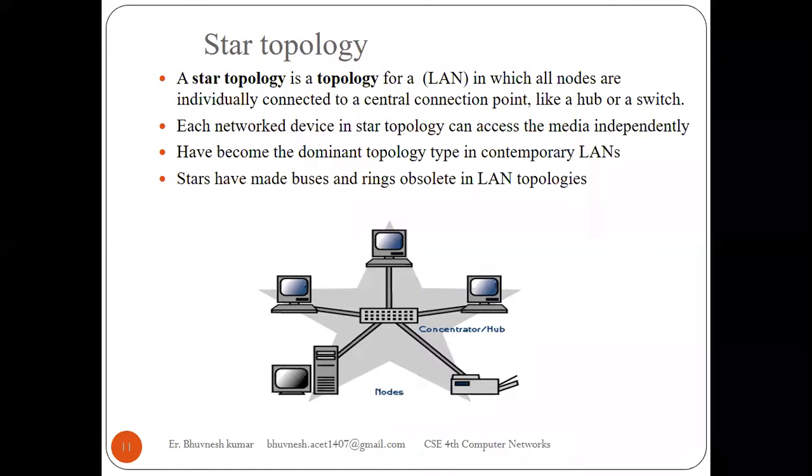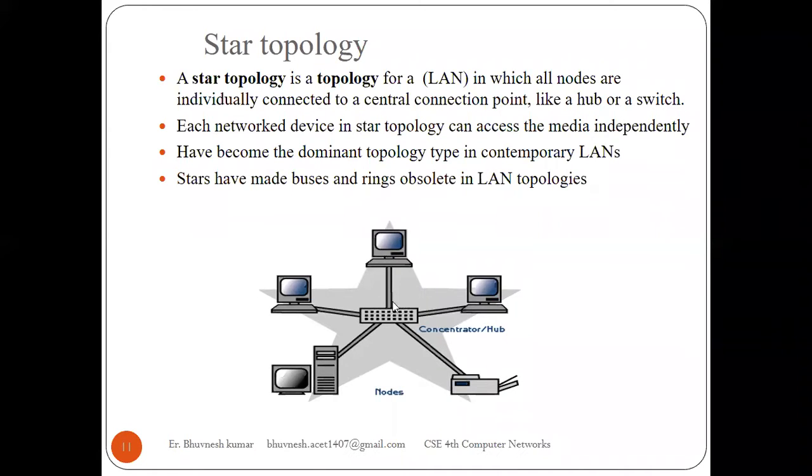for a local area network in which all nodes are individually connected to a central connection point. A centralized device will be used, and that central device is your switch or it can be a hub. So all nodes are individually connected to a central connection point like a hub or a switch.